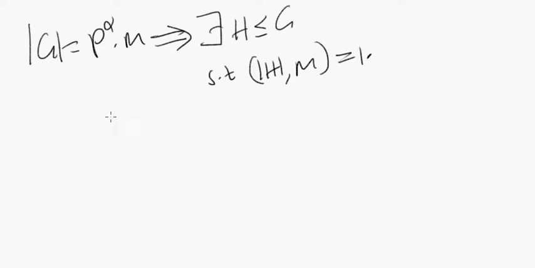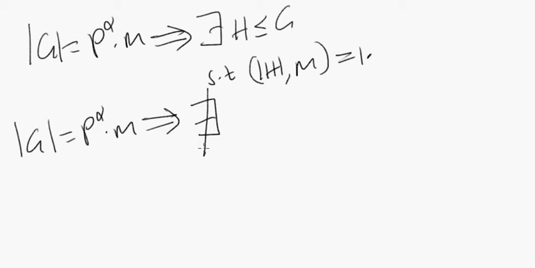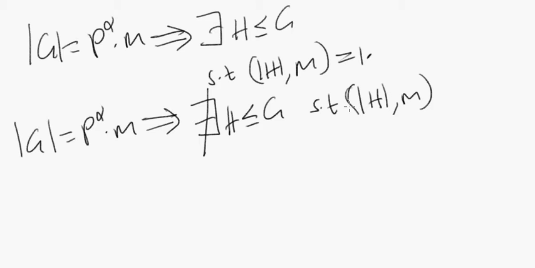Maybe one strategy to use is, suppose that we are not guaranteed of this. Suppose that for the order of G equal to p to the alpha times m, there does not exist some subgroup H of G such that the GCD of the order of H and m equals 1.